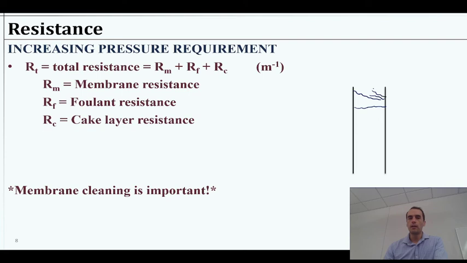Okay, so let's pretend we have a membrane here, and I'm going to draw it a little bit to try to get a picture that looks a little bit like what we were looking at just a moment ago, where we have larger pores on one side, and then these smaller pores here for the separation layer on the right side of this schematic.